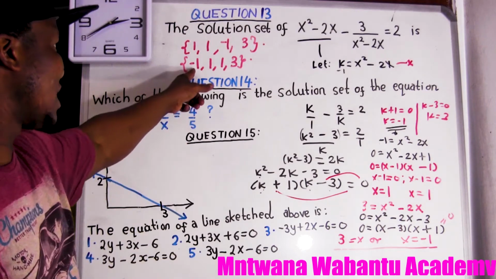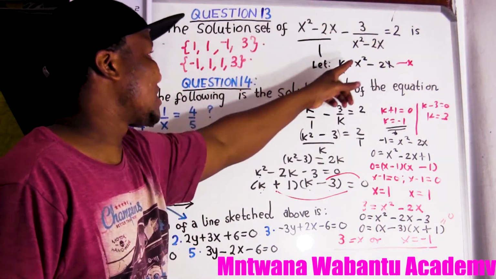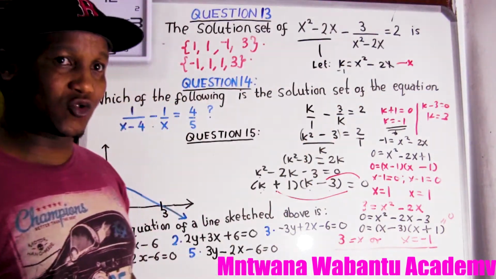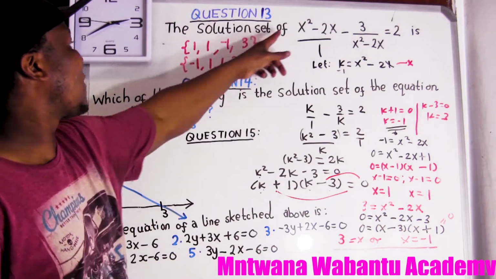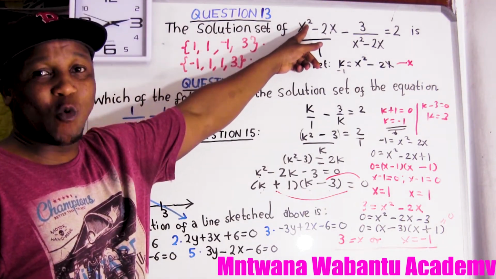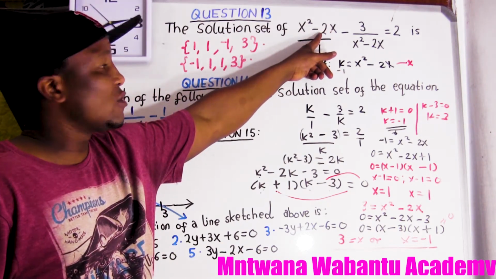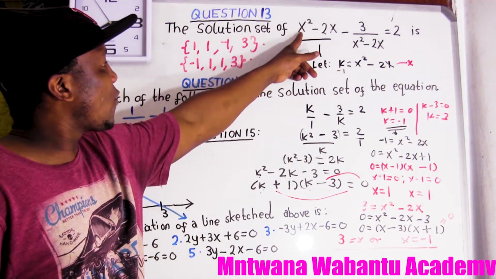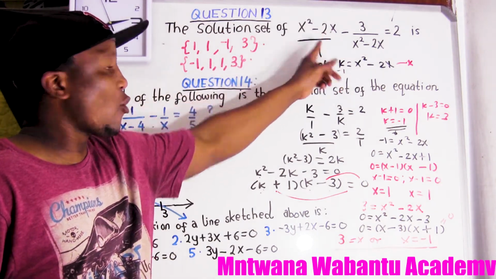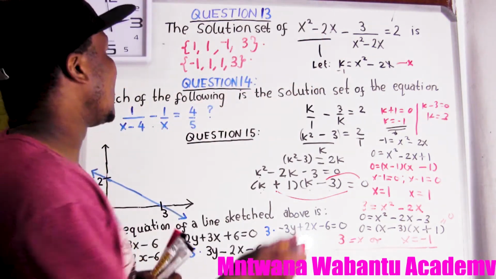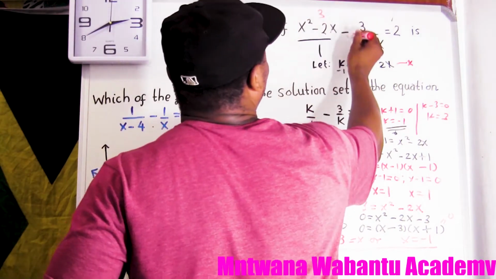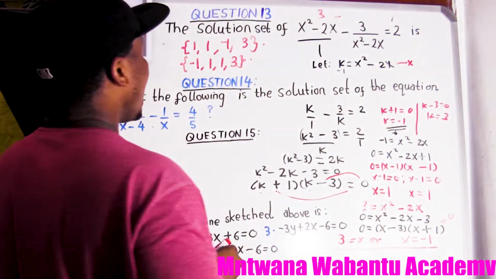Take negative 1 and plug in here on the left hand side, and it should give 2 if it's true. If you put negative 1 here, negative 1 squared equal to positive 1. Negative 1 times negative 2 equal to positive 2. So positive 1 plus 2 equal to 3, so it's 3 over 1, which is 3. Then minus, let's come here now.